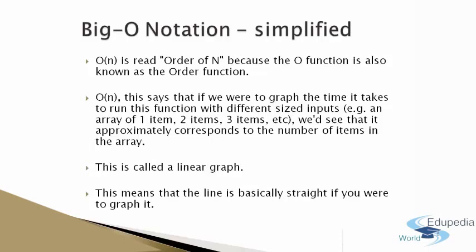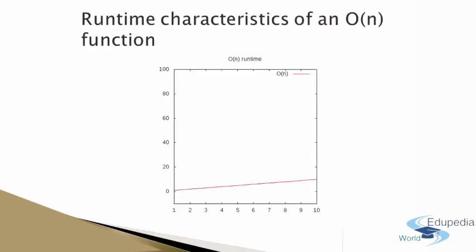So that means as the number of items in the array increases, our complexity increases. Okay, this is called a linear graph. This means that the line is basically straight if you were to graph it.